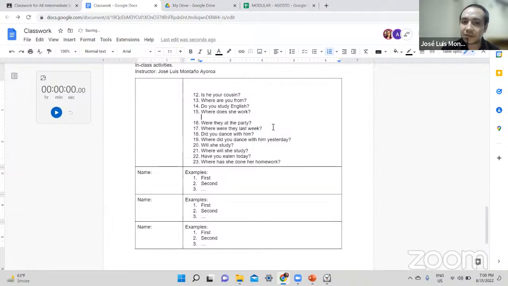Control Shift, and then I don't know. My mistake, double N over there. I don't know where she works, period, because this is a statement, not a question. Control B, bold, and your question with Control U, underline.